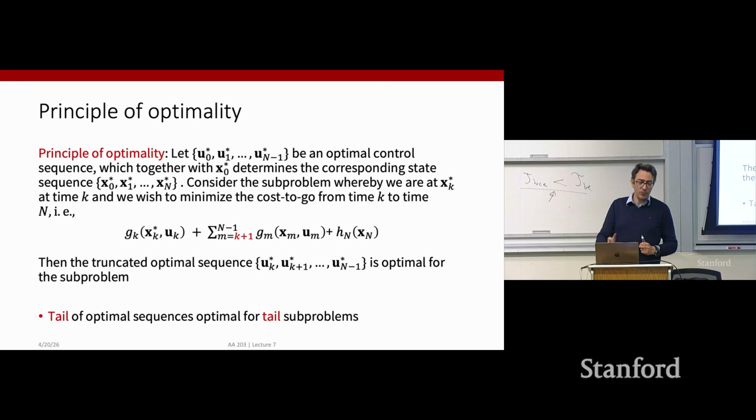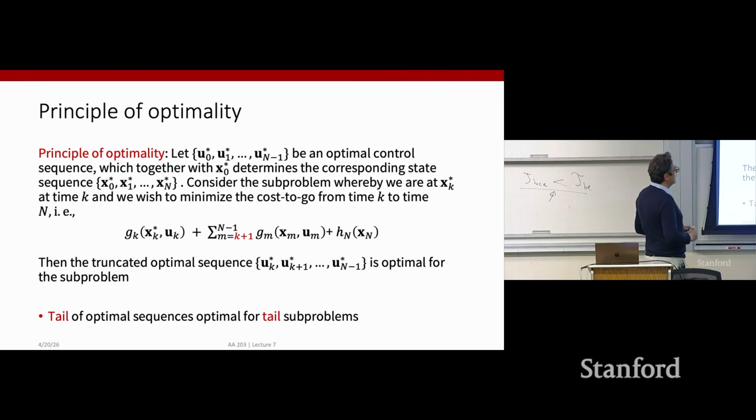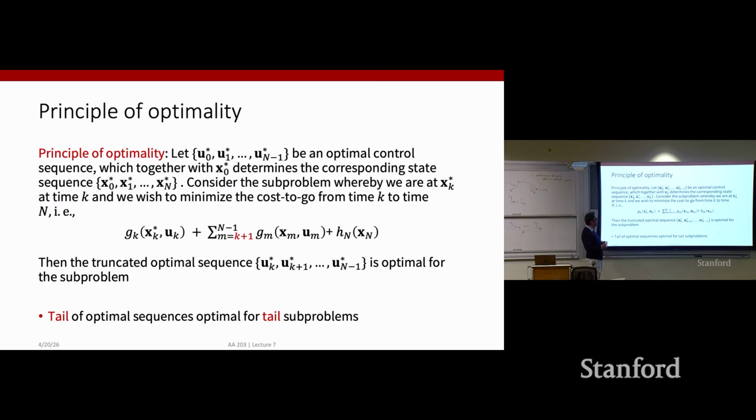So let me reformulate now the principle of optimality in the same formalism that I discussed before to state the discrete time optimal control problem. What the principle of optimality is saying is that if U0 star, U1 star, up to U star N minus 1 is an optimal control sequence, which together with X0 star determines the corresponding state sequence X0 star, X1 star, up to XN star, and so on.